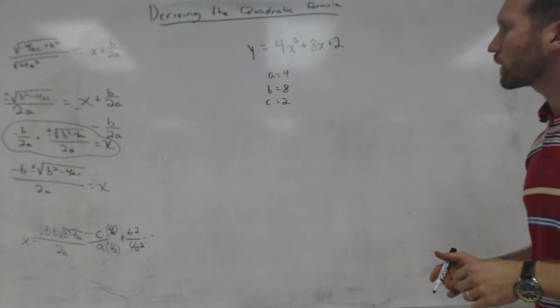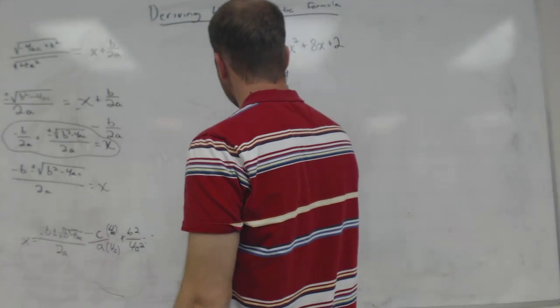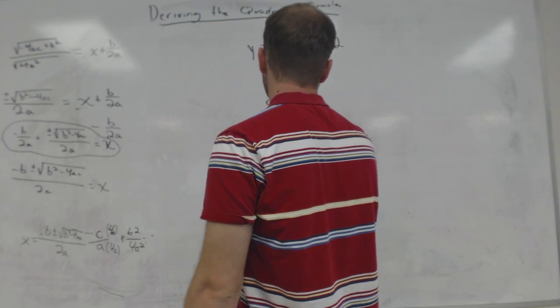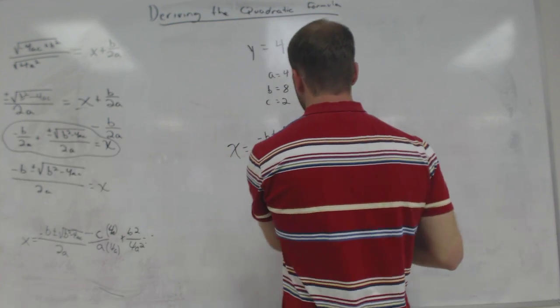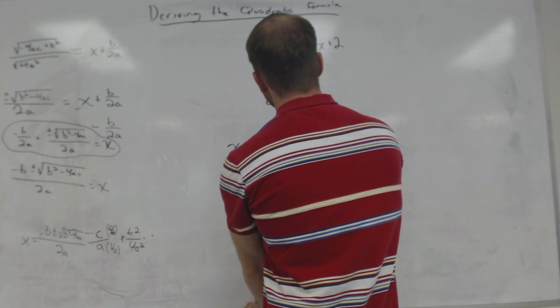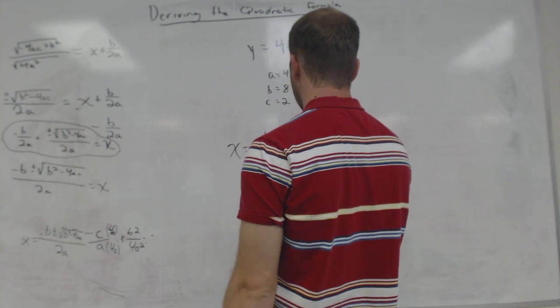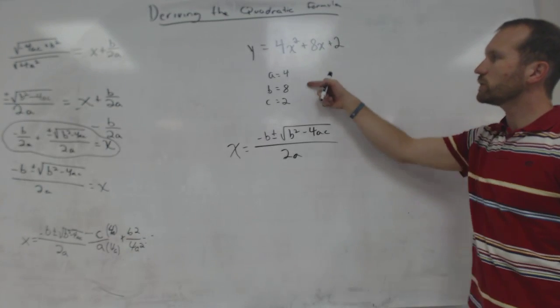Okay. Quadratic formula says x equals negative b plus or minus the square root of b squared minus 4ac all over 2a. All I have to do is plug this in.